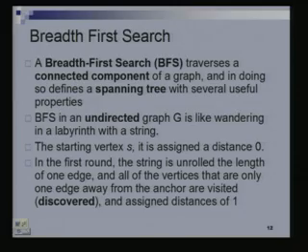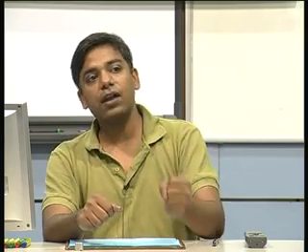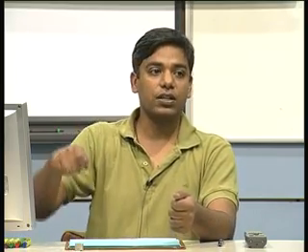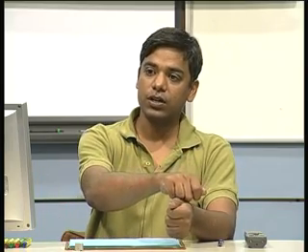You have a string with you, and you are going to use this to help you search the maze. You have tied one end of the string at one location in the maze, and now you unroll the string by, let us say, just 1 unit, and you see where all you can reach by unrolling the string by just 1 unit. Those will be what we will call the vertices at a distance of 1 from the starting vertex.